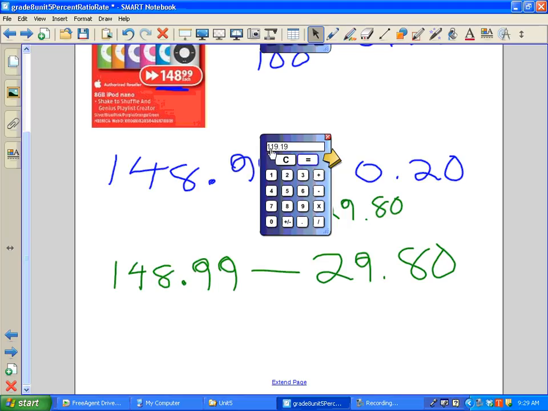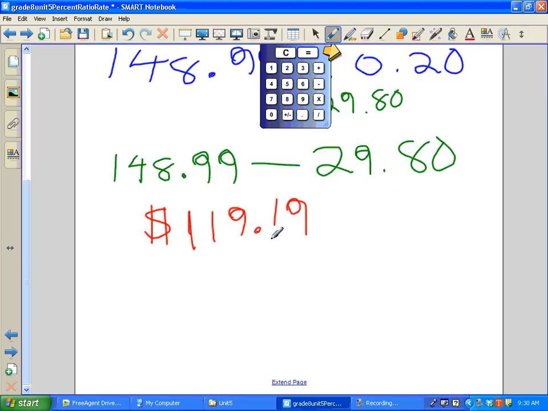This is our price that we're going to pay for our item before tax. So $119.19. That's 20% off. Now don't forget, this is before we add tax on. You always take your percent off before you add your tax.